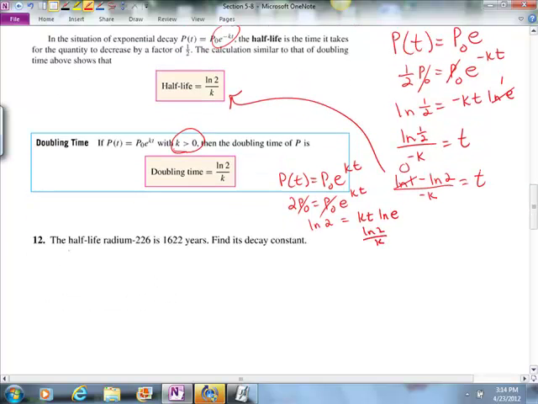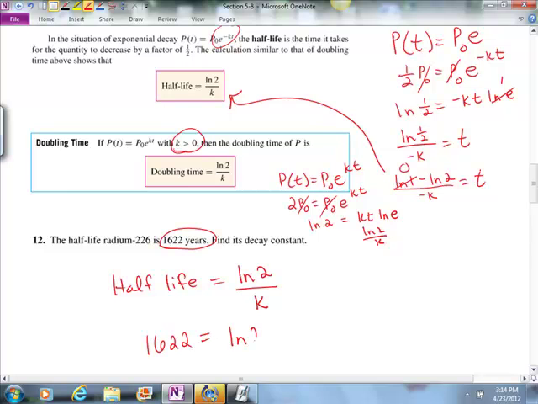Alright, so here number 12 says the half-life of radium-226 is 1,622 years. Find its decay constant. All right, so you know that the half-life formula is equal to ln 2 divided by k. So just use the information that they gave you. It's 1,622 years for it to decay. So that's what you'll put in for the half-life.